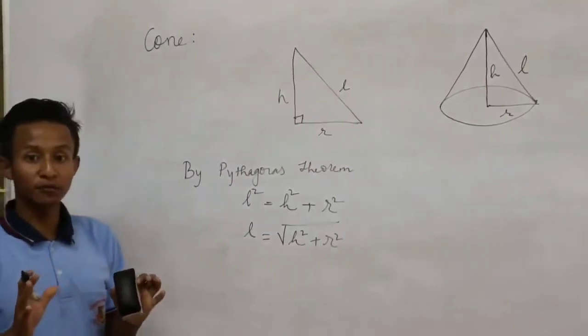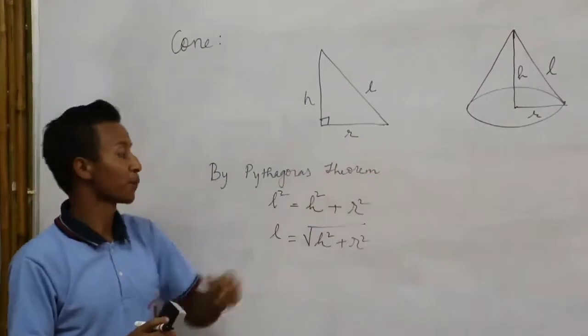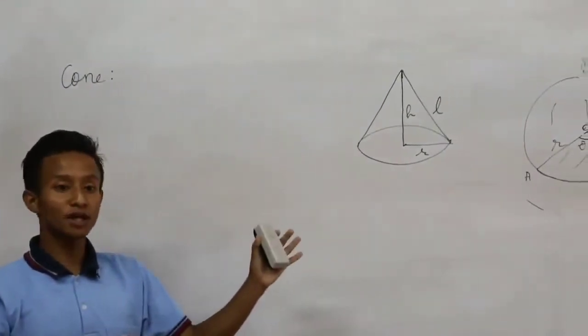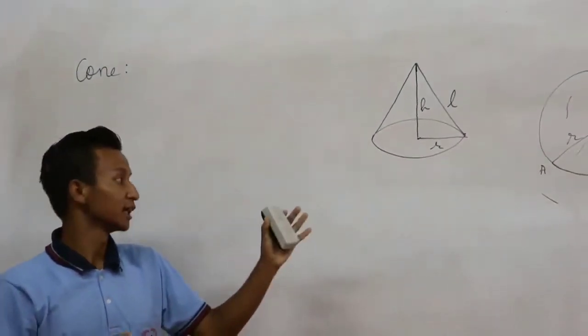So now I'm going to find the surface area, the curved surface area of the cone. Let me recall some formula which is from the chapter of circle.